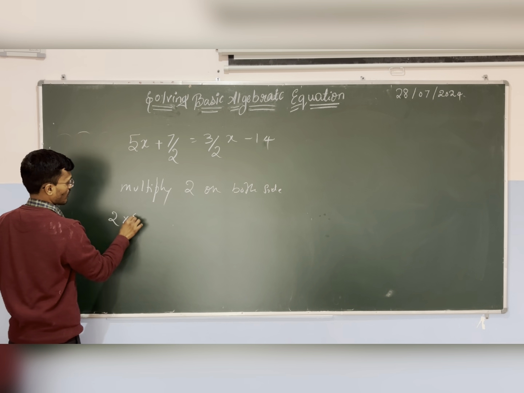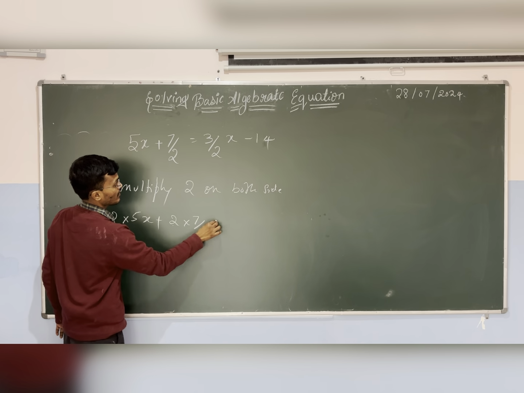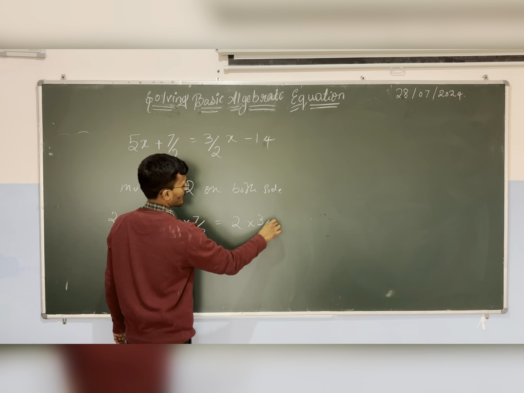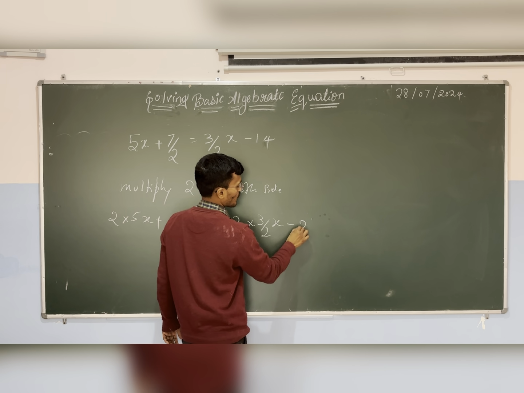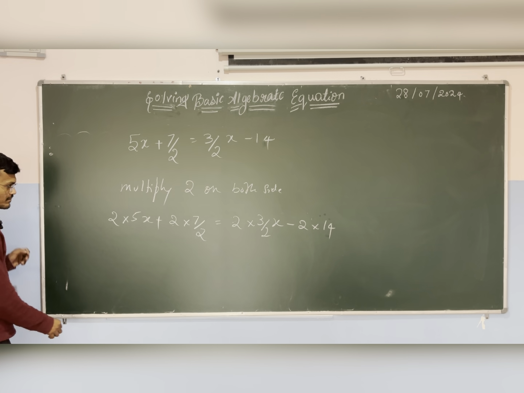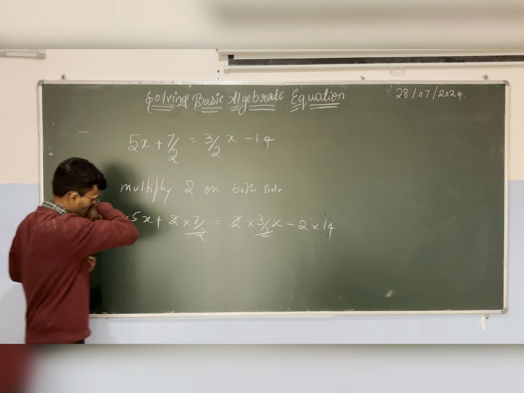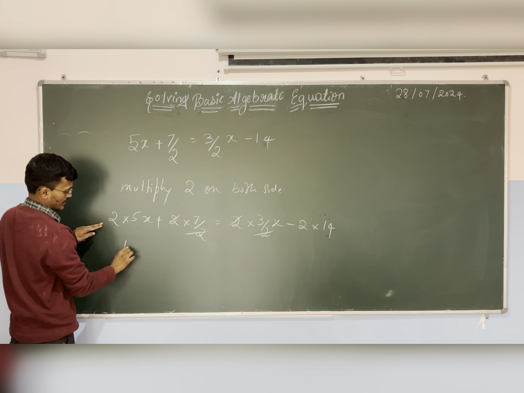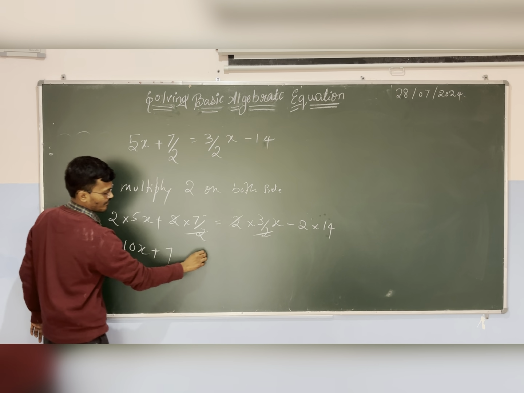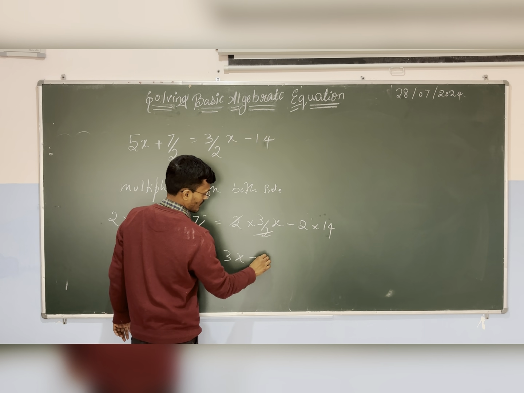So 2 into 5x plus 2 into 7 by 2 equal to 2 into 3 by 2 x minus 2 into 14. So now the 2 cancels, and here also the 2 cancels. 2 into 5x, there is 10x plus 7 is a remainder here, and here there is 3x minus 28.